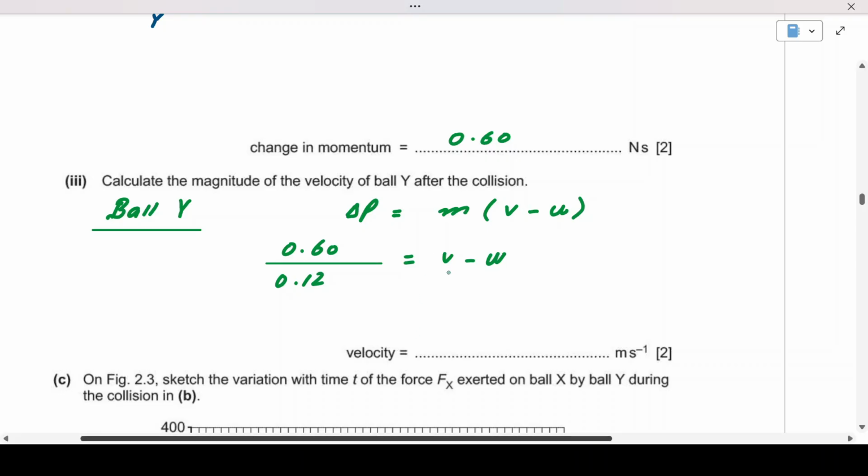V minus u means final velocity minus the initial velocity. So you need to find the final velocity after the collision. But what is the initial velocity?